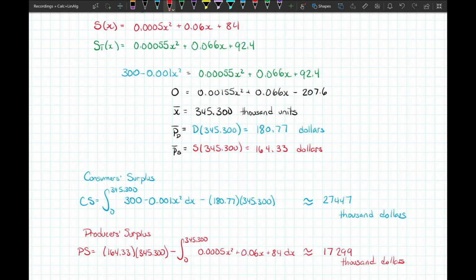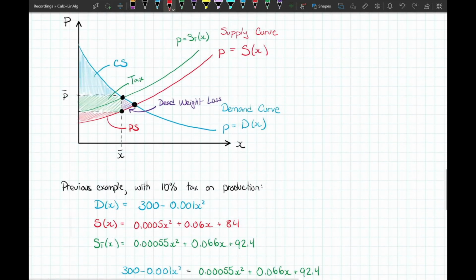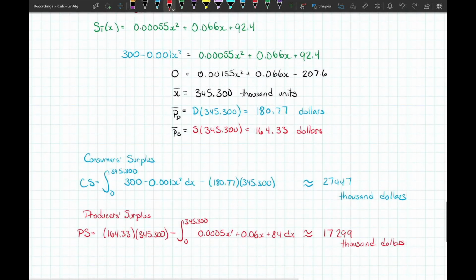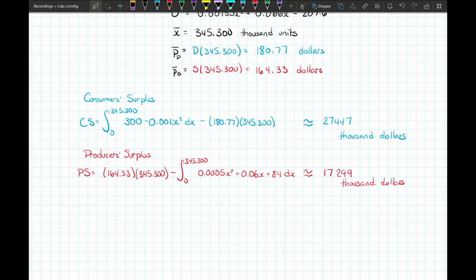How about the other regions that we haven't talked about yet? We'll take a look back at this picture and we can calculate tax pretty quickly without using integration, because that region is always a perfect rectangle. You can see it's simply just the difference between the price paid by the consumers and the price received in revenue from the producers multiplied by the width of that rectangle, which is X bar. Pretty quick to calculate that, and we don't need the integral.